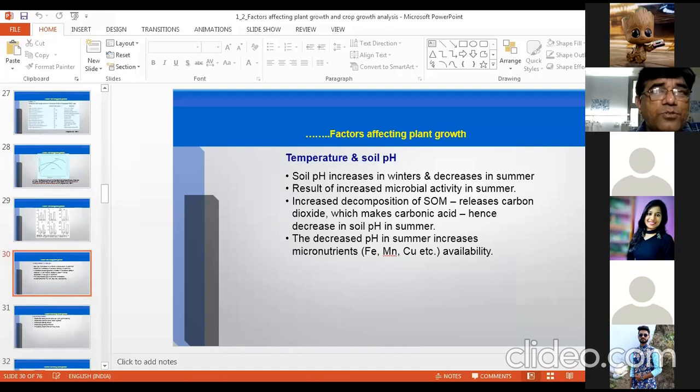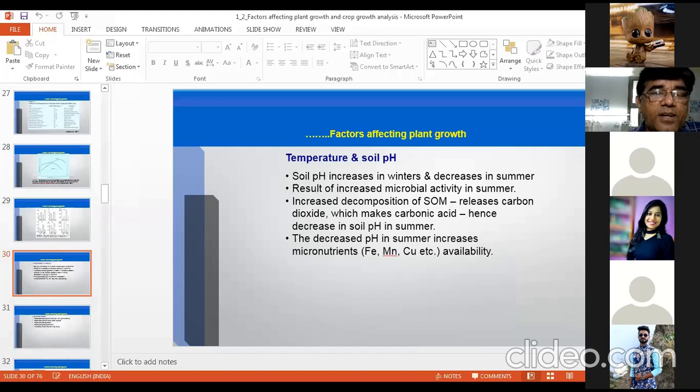Temperature has influence on soil pH also. Soil pH increases in winter and decreases in summer. You need to underline it, decreases in summer. Why is it so? Because of increased microbial activity in summer. In summer months, microbial activity increases.